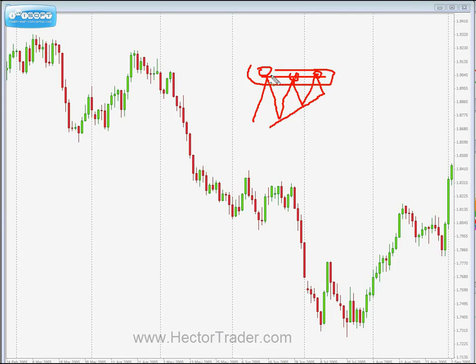Whereas the lows of those swings are not falling in a straight or horizontal line, but are actually on a sloping line, okay?